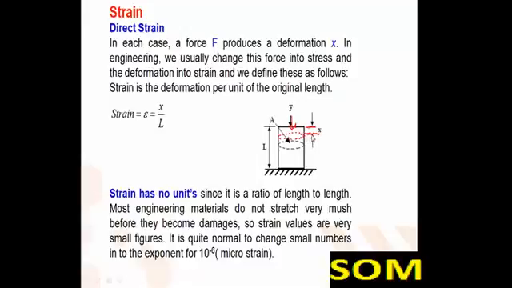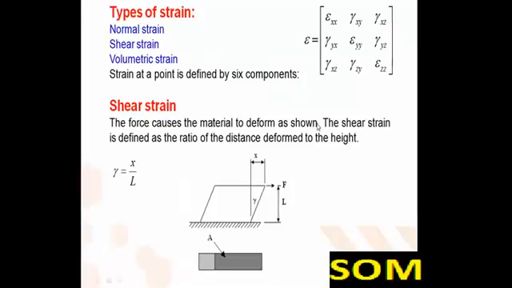As X is in meters and L is also in meters, strain has no units, so it is a dimensionless quantity. In a similar manner, strains are defined in different ways: normal strain, shear strain, volumetric strain.